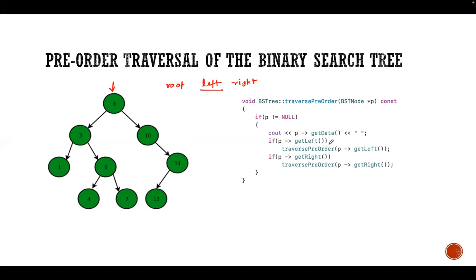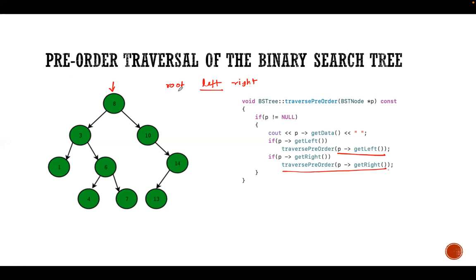We are going to do the same pre-order traversal with the left subtree. After we're done with this function, then we are going to check whether right is null or not. If right is not null, we're going to do the same for the right subtree.